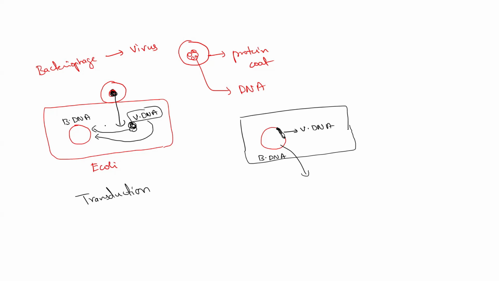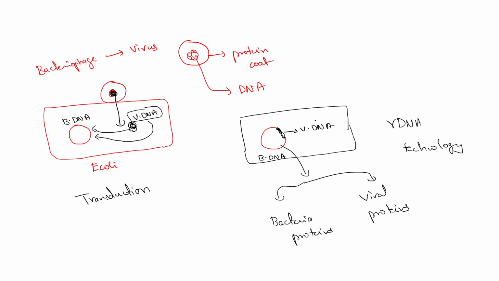Initially it was only the bacteria DNA, but a new set of DNA is also introduced. So when this DNA undergoes translation, it will create the bacteria proteins and also the viral proteins. Yes or no? Yes, sir. That same technique we will be using in our DNA technology.